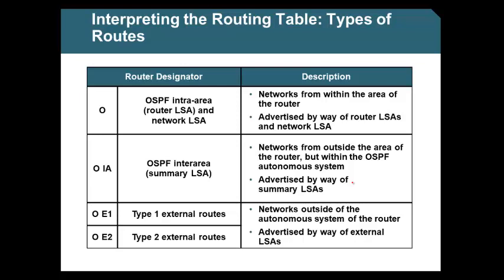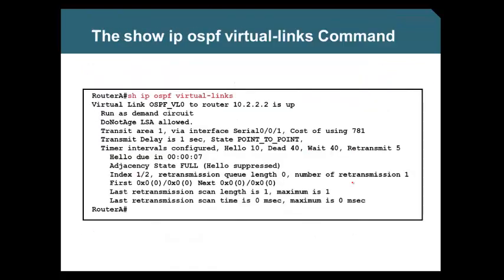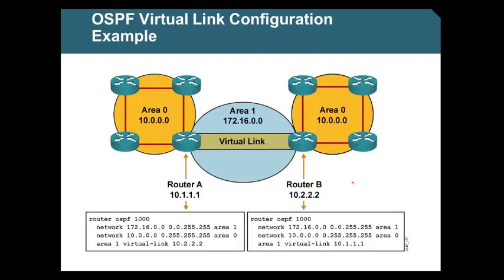What is a virtual link? Virtual link is to make an area which is in the middle of two other areas to be a link. You see here, for example, there are 2 areas in yellow color. In the middle, you have a blue area.